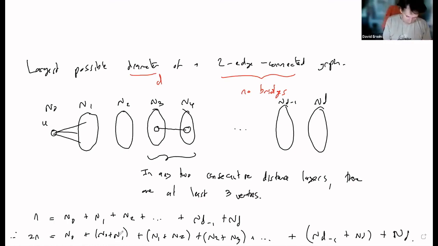Then if you think about each of these pairs being at least 3, and put everything together, and think about the fact that n0 is 1 and n_d is at least 1, everything pops out the other side. I'm going to leave that one there, so you must fill in the rest of the details.